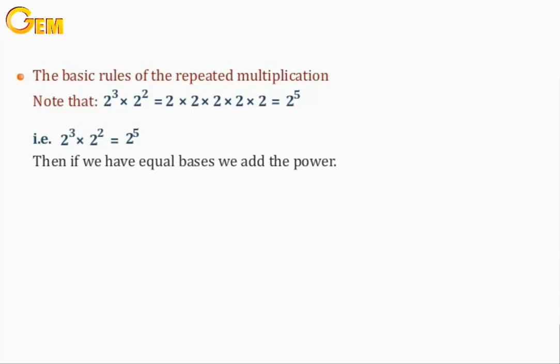Then, if we have equal bases, we add the powers. If a belongs to Z, and a is not equal to 0, and m and n also belong to Z, then a to the power m times a to the power n equals a to the power m plus n.